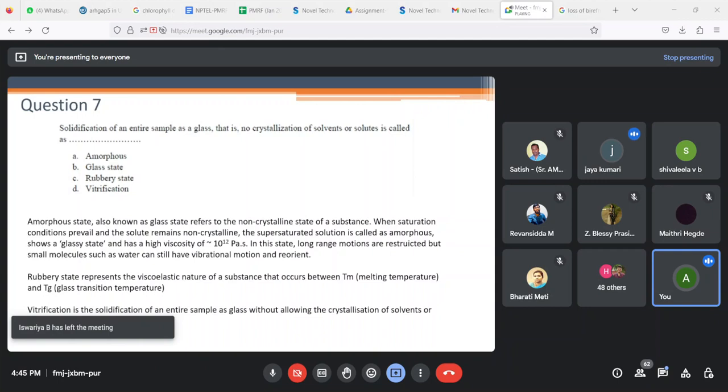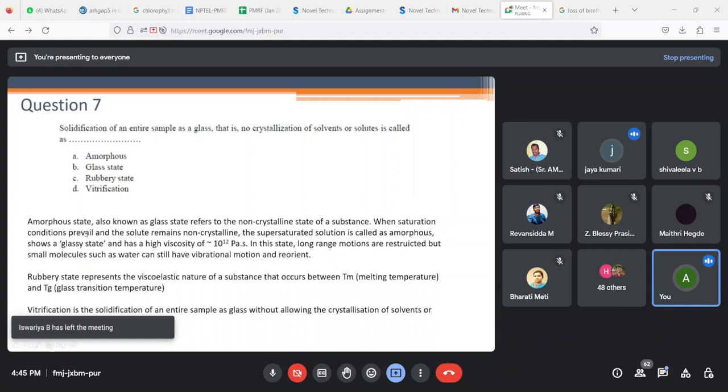So if you start lowering the temperature, your water will start turning into ice, and any solute that is present in the food will remain in the very little water that is present. So now you will have a very supersaturated solution. That is, your solute will be extremely concentrated. So at this stage, you will have very high viscosity of the sample, and this is known as the glassy state. Where you have very high viscosity, you have a supersaturated solution, and it is a non-crystalline amorphous state.